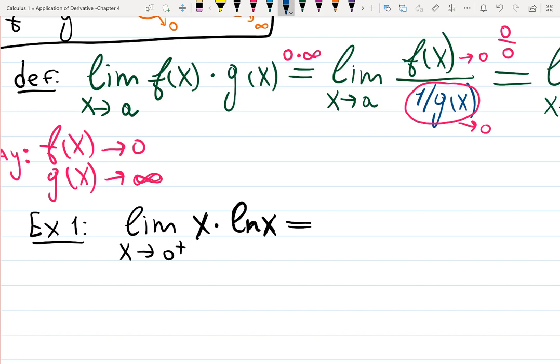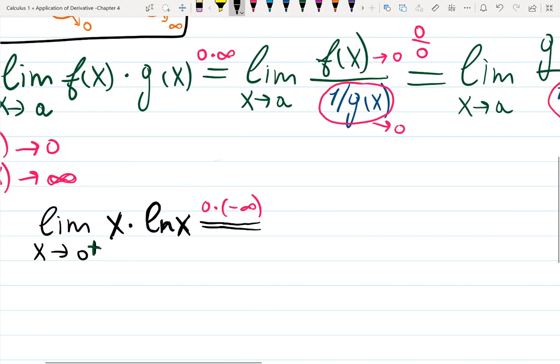Do you remember that? I will show you the graph just in case you forgot. Log looks like this. So when x approaches 0 from the right, not from the left, natural log goes to minus infinity, right? Minus infinity over here. So this is the case which we can call 0 times minus infinity. Minus or plus doesn't really make a difference.